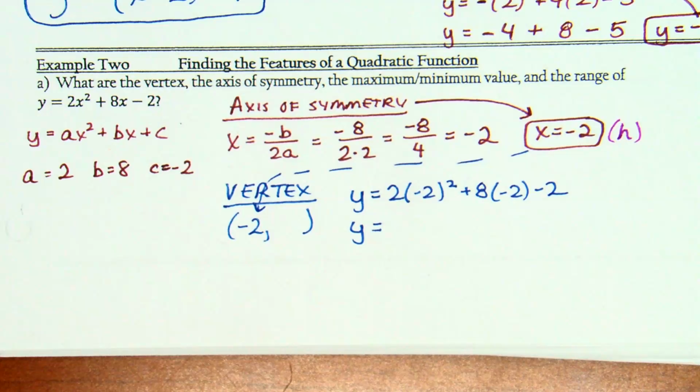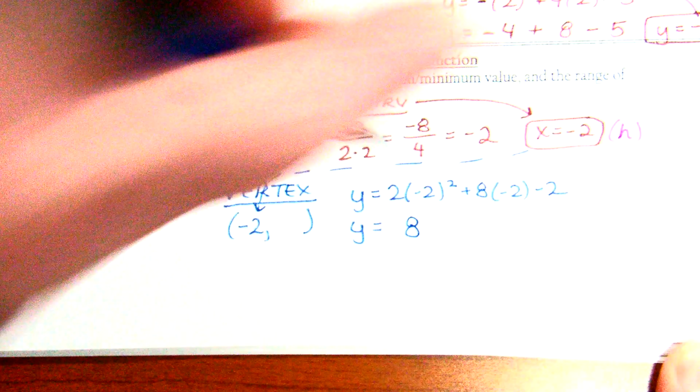8 times -2 is -16, and a -2. So 8 minus 16 minus 2 is the way I wrote it. It becomes -10. And what is this -10? It's your y value, your k value.